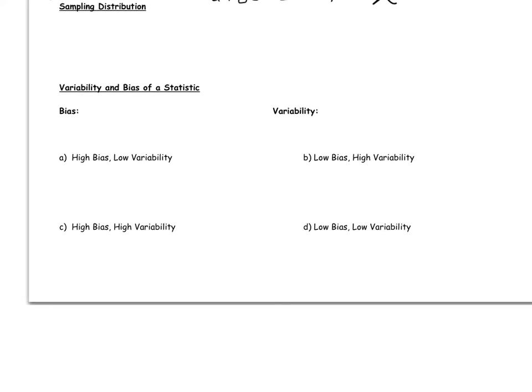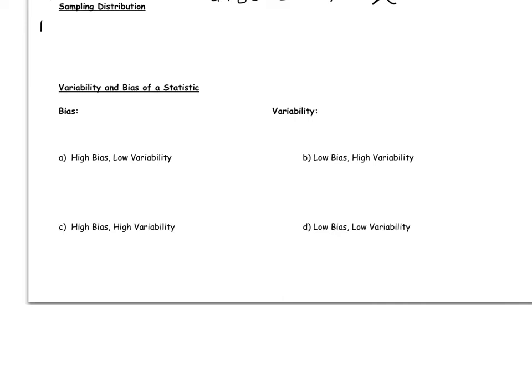So now we're going to talk about this notion of a sampling distribution, which is all possible samples of a certain size. So let me write that down.